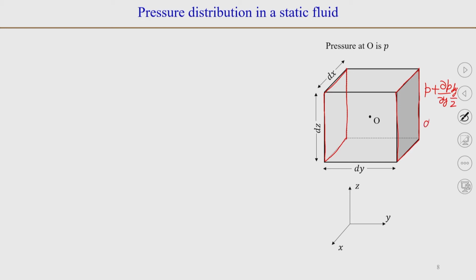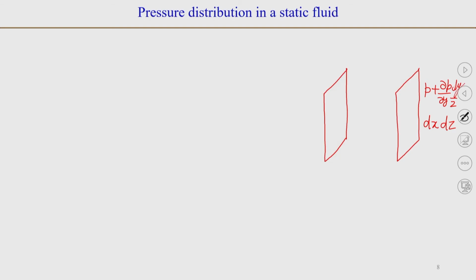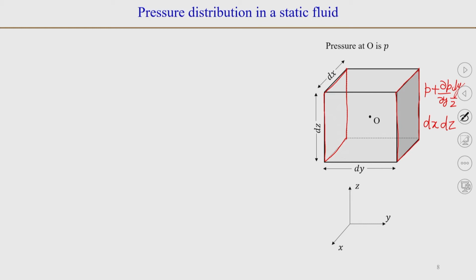So, the area is dx dz, and the area vector will always be the outward normal on this surface.